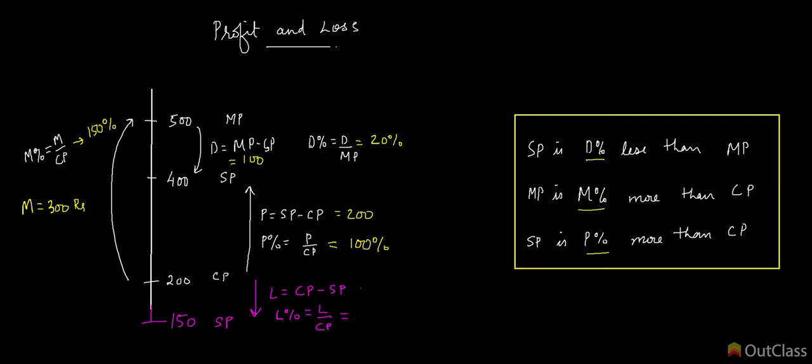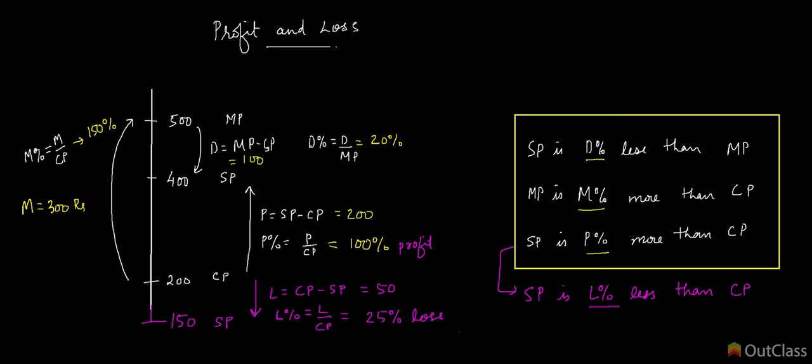So that's a 50 rupee loss on a 200 cost price, which should be 50 by 200, 1/4 or 25% loss. This was a 100% profit. So along with this, I can just add SP is L% less than CP. And going forward, I'll just consider loss as a negative profit. So when I say 5% loss, I can just take it as minus 5% profit. It'll work.